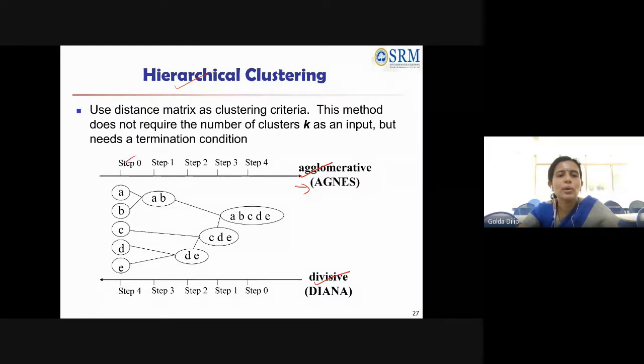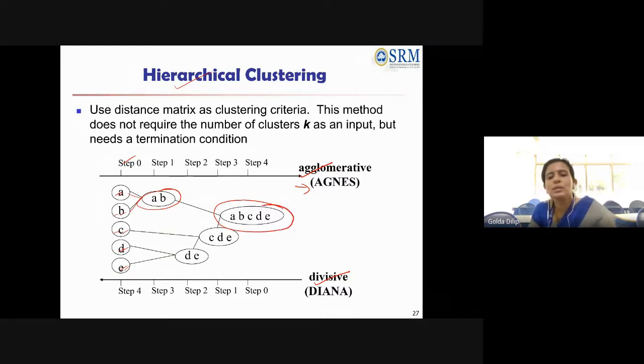This is step 0, 1, 2, 3. Initially you can see all the individual samples are considered as separate clusters, that is, a cluster with a single element. Initially all the elements in the data set are considered as clusters with a single element. Then they start getting merged, and that process continues till you get a single large cluster.